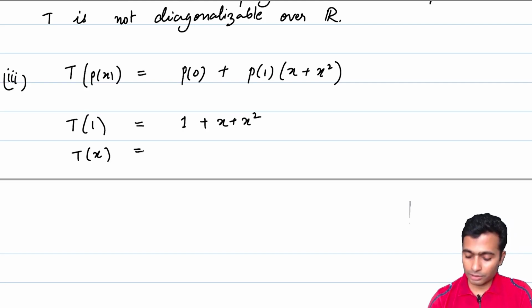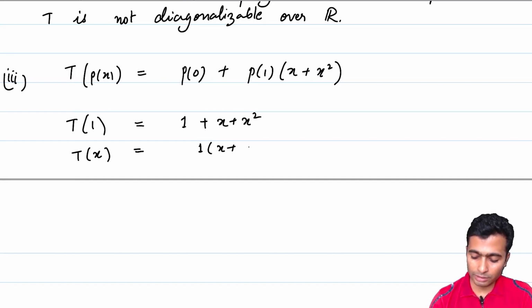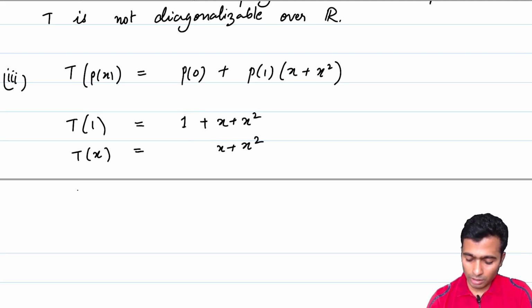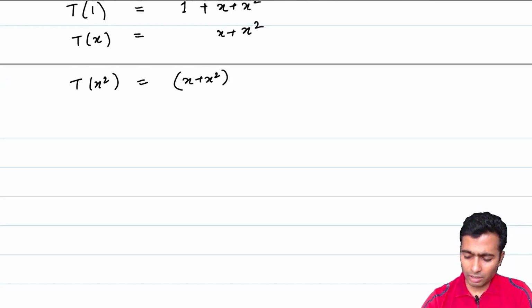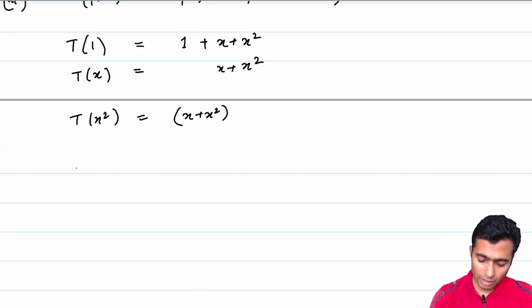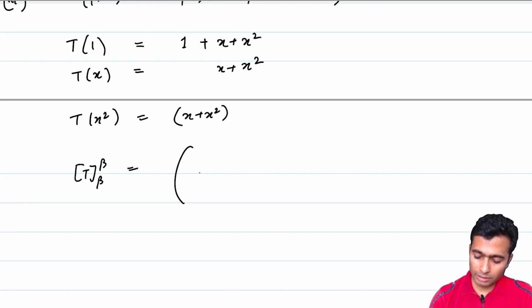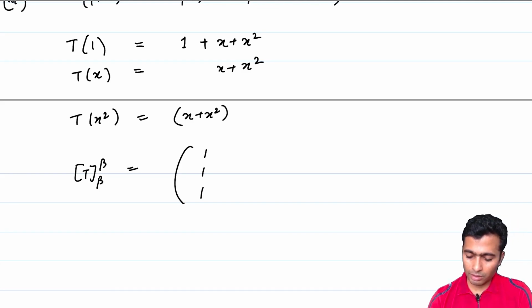P of 0 is just 0, and P of 1 times x plus x², so just write it as x + x². How about T of x²? That will also be x + x², as you can check. So this is now going to be an interesting matrix. T beta beta is just the matrix with rows 1 1 1, 0 1 1, and 0 1 1.